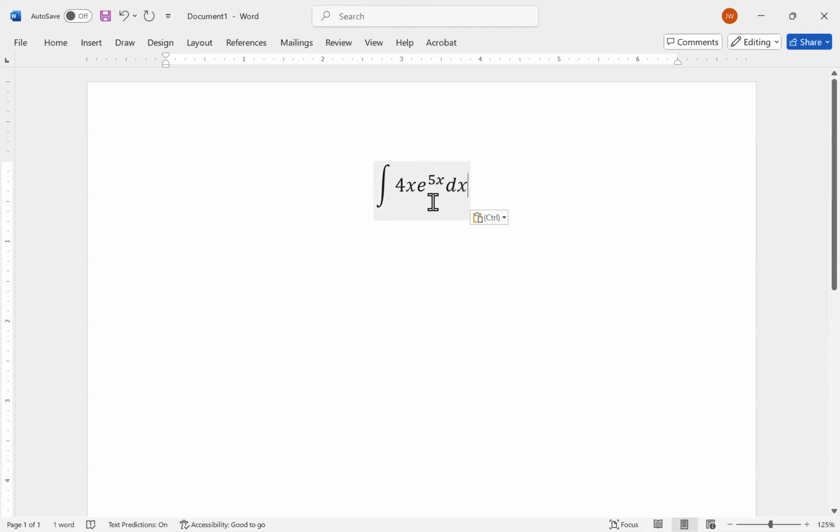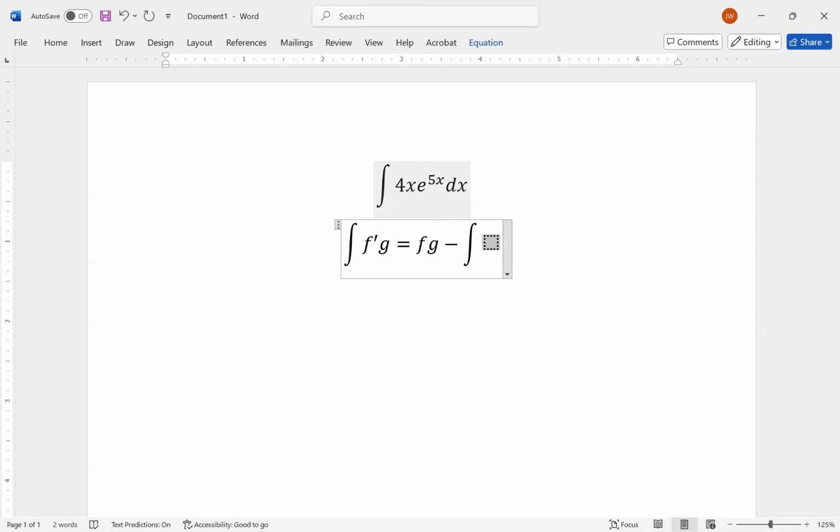It'll change some numbers, but it's not going to help. So integration by parts is the right way to go. In fact, it's the only good way for this problem.